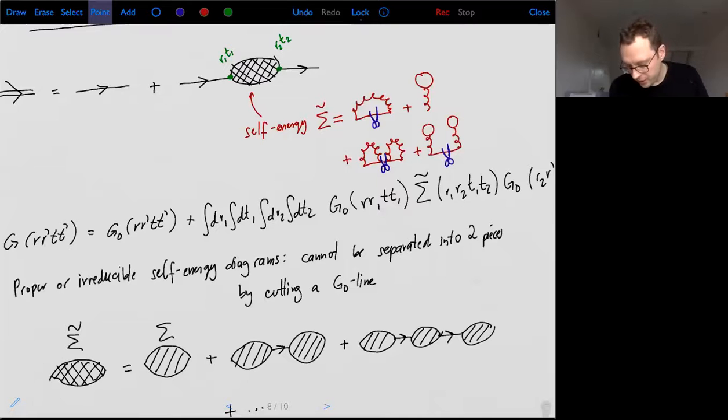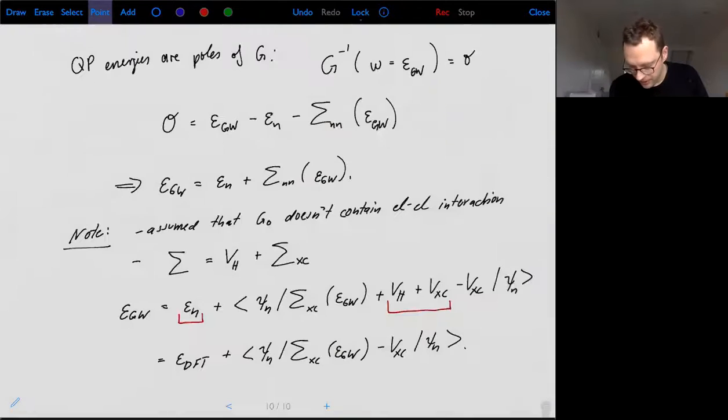This self energy contains all such diagrams, and there's still an infinite number of them. So at this point this equation is still exact. We haven't made any approximation yet. The only approximation that we have made here, in fact, is assuming that the self energy is diagonal in the Kohn-Sham orbitals, which for many materials is an extremely good approximation.